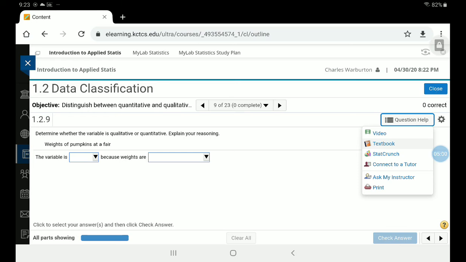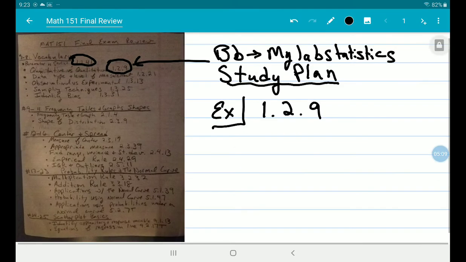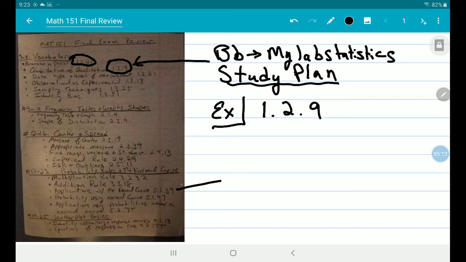If you get to other problems, let's try another one here, maybe like 5.1.39. What does that mean?